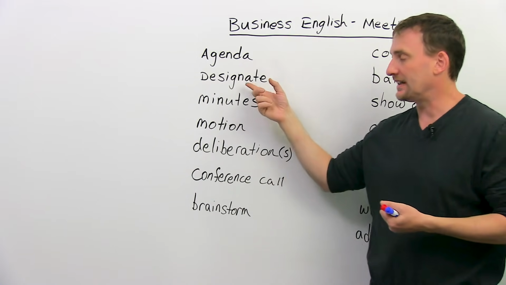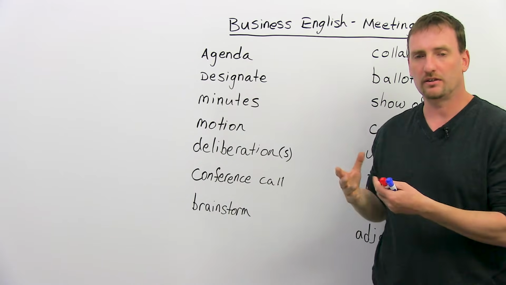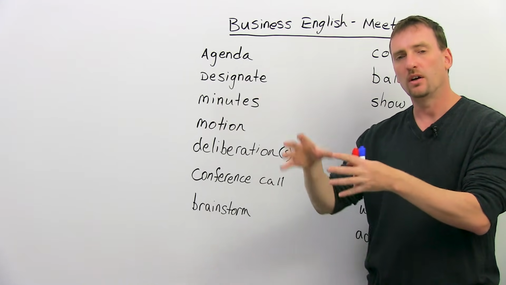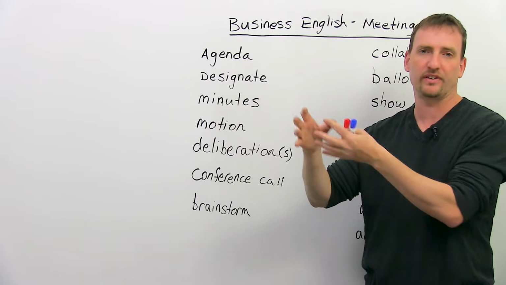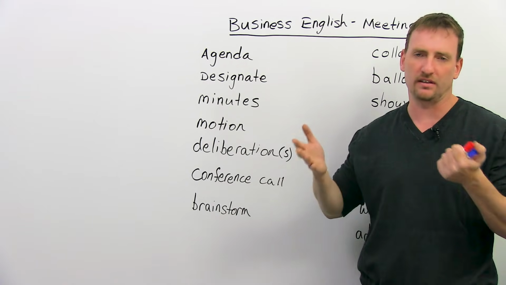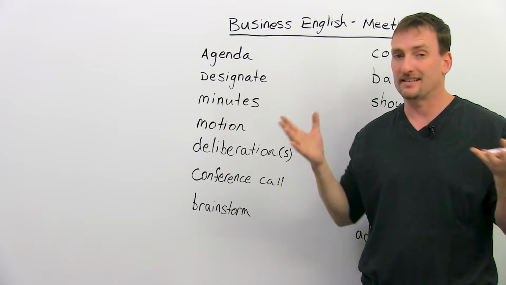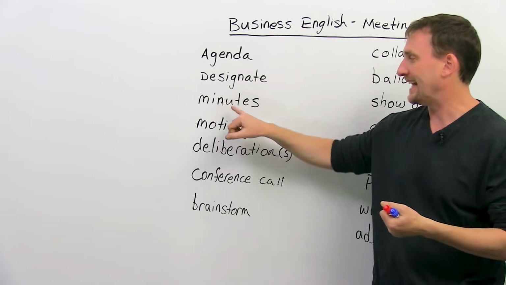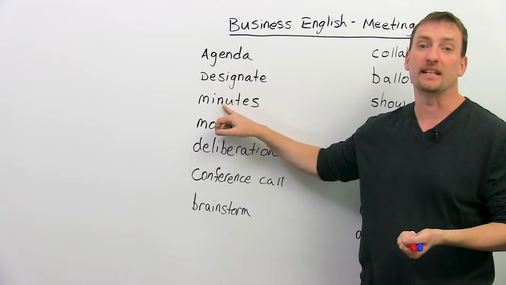At a meeting, someone will be designated to take notes, okay? So you designate means you choose someone or you assign someone a specific task, okay? So every meeting, somebody else takes a turn, or sometimes some big companies have one person whose job is to take those notes. Now, those notes are called minutes.